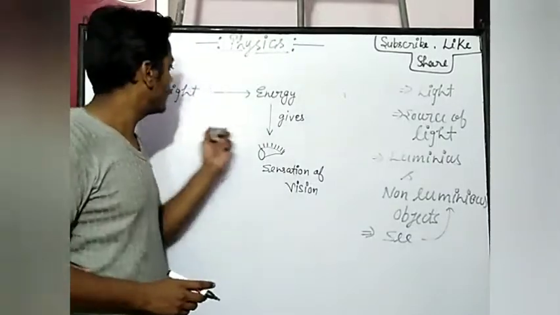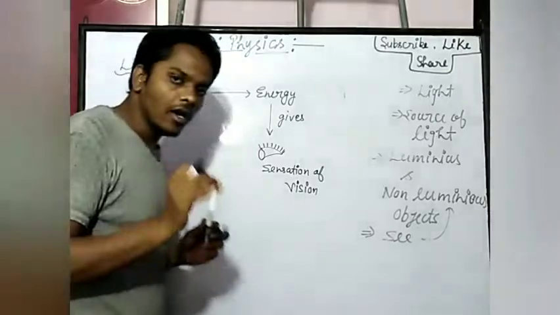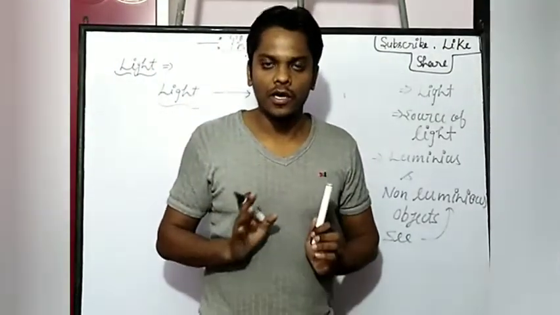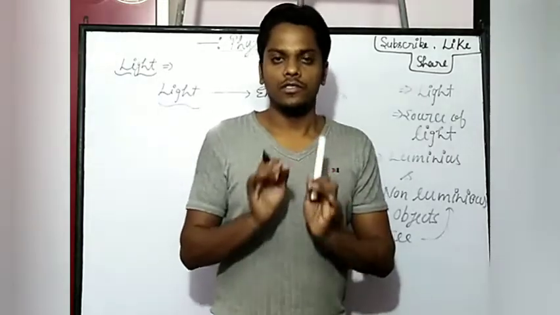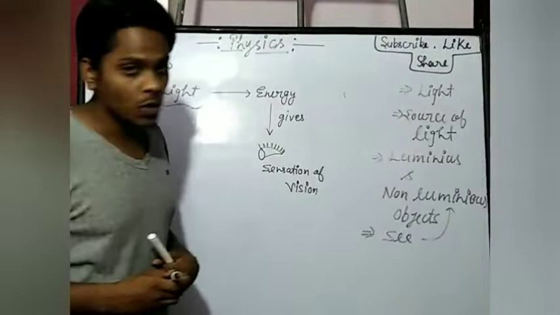With the help of light we are able to see any object, anything around us. That is called light. Now the second thing, source of light.